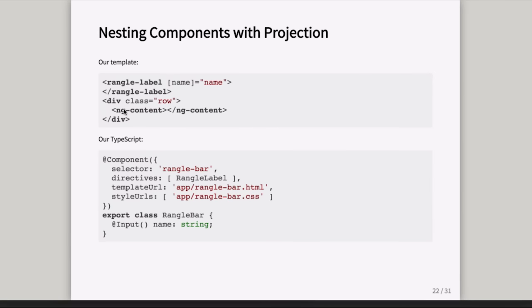The way to do that in Angular is to use Angular's built-in ng-content component. Essentially what this does is it serves as a placeholder in your component's template, such that if your application uses that component but includes some DOM elements inside the invocation, those DOM elements, those children, will end up where this ng-content is placed.